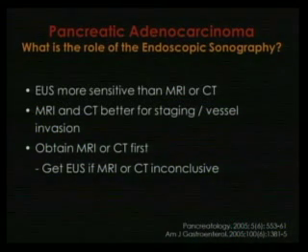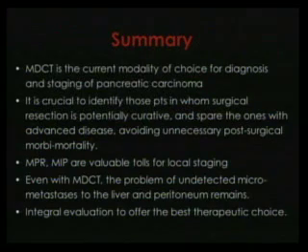Endoscopic ultrasound is more sensitive than CT and MRI for the identification of small tumors, we are talking about 1 centimeter or less, and it's also good for vascular assessment. But usually you have to have a morphologic evaluation with CT or MRI first, and get ultrasound if it's non-conclusive.